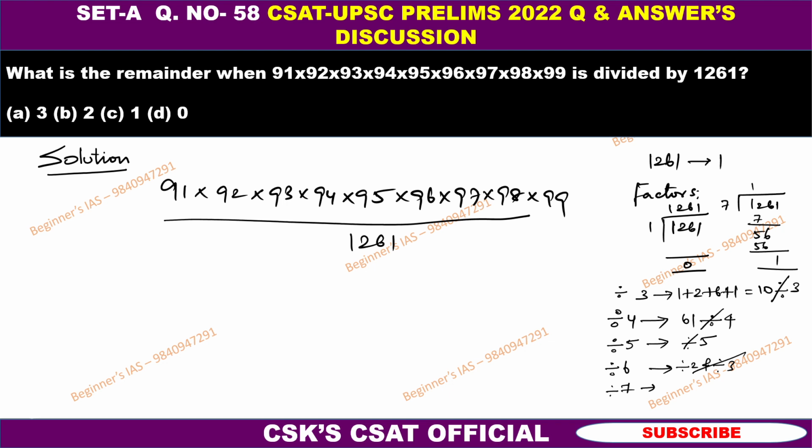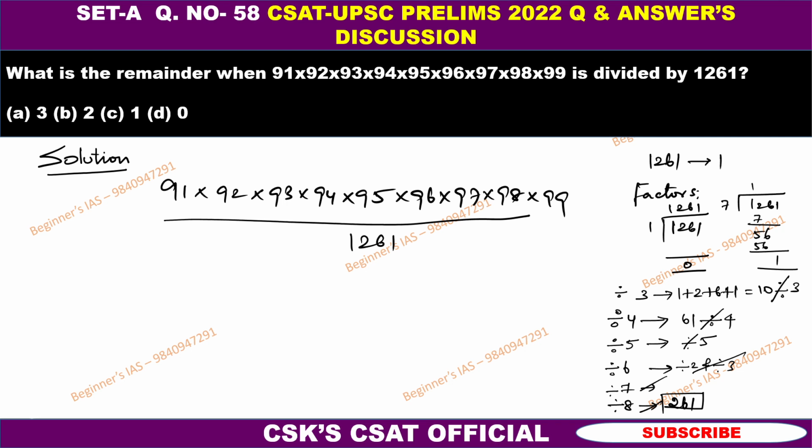Therefore divisibility by 7 does not apply here. What about divisibility by 8? Divisibility by 4 is the last 2 digits, while divisibility by 8 is the last 3 digits. When that is divisible by 8, then the full number 1261 is divisible by 8. In this case also it is not applicable.